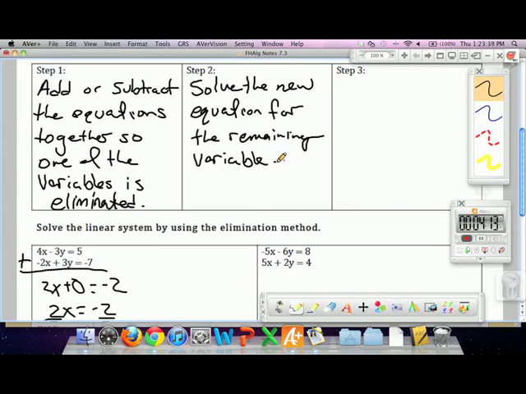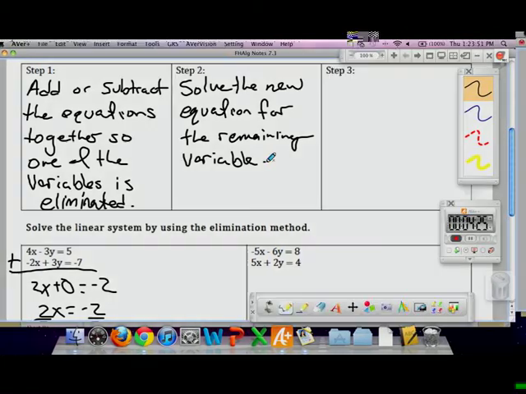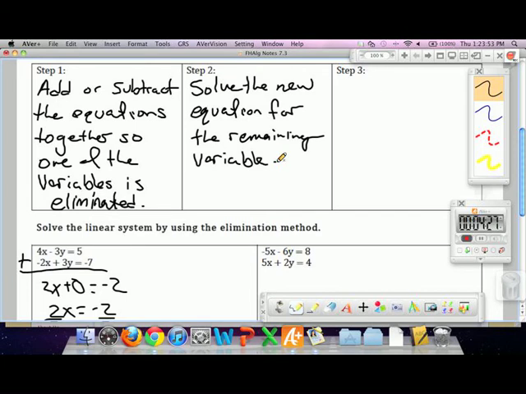We're solving a system of equations. When you're solving a system of equations, we're figuring out where the two equations cross, where they intersect. So we need to find the point of that intersection. We only know x, which means I need to know the other part of that point, the y. What do you think we're going to do to find y? Same thing you did for substitution.